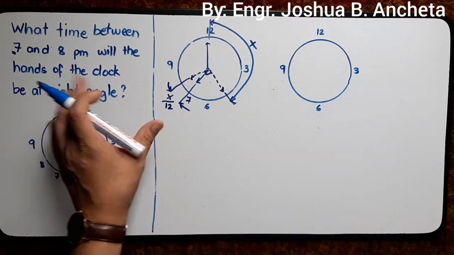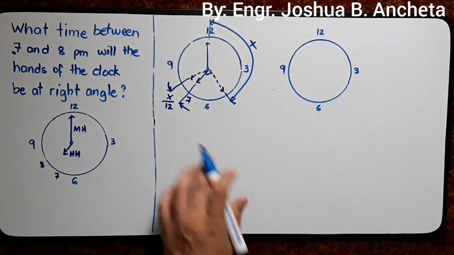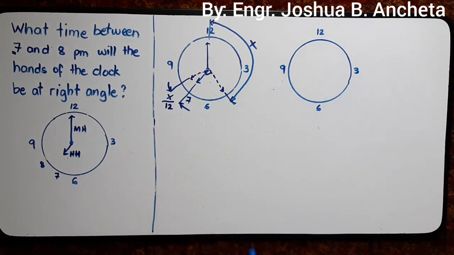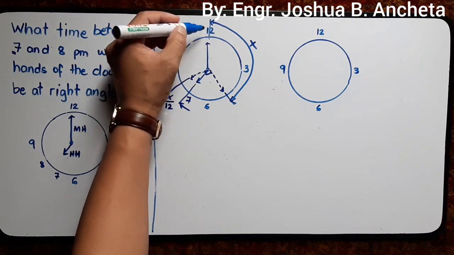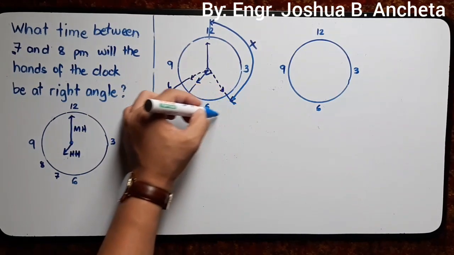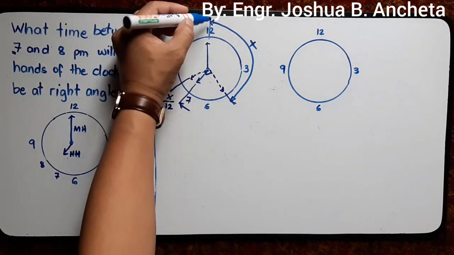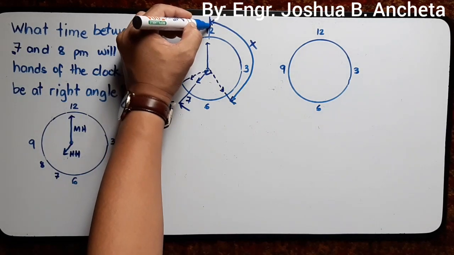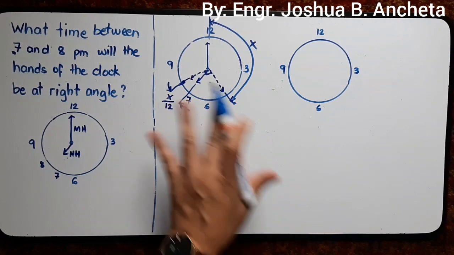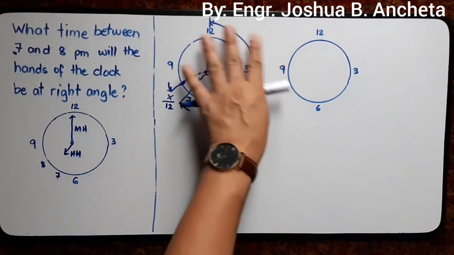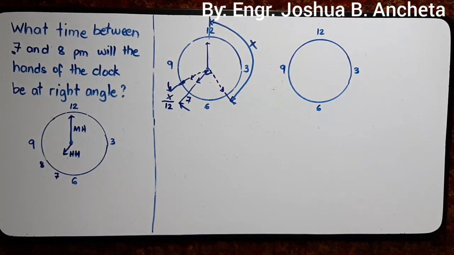To generate an equation, we will look at the extremes or the boundaries of the hands, from this side up to this side. So we will represent that using the given parameters here.